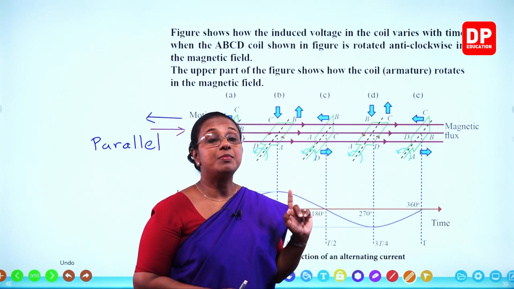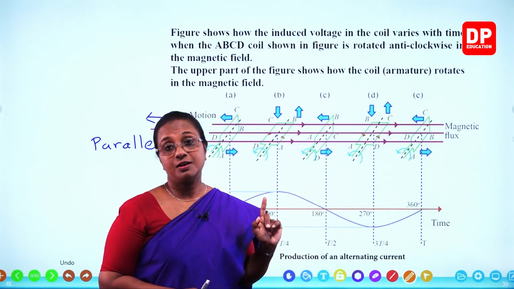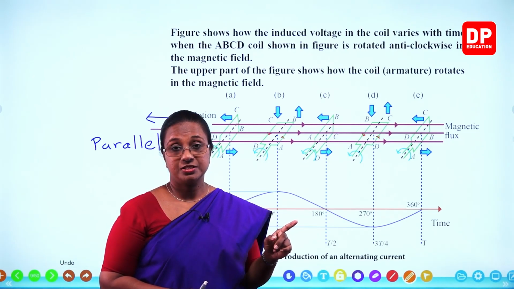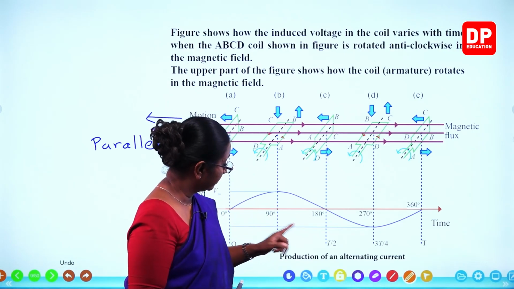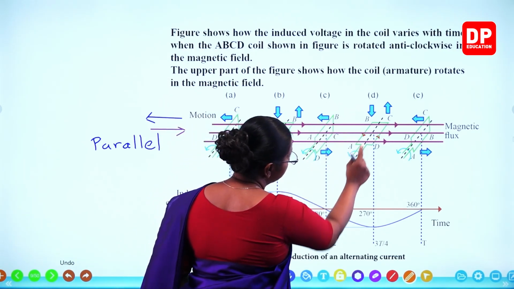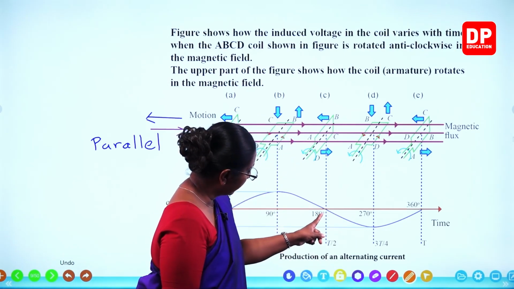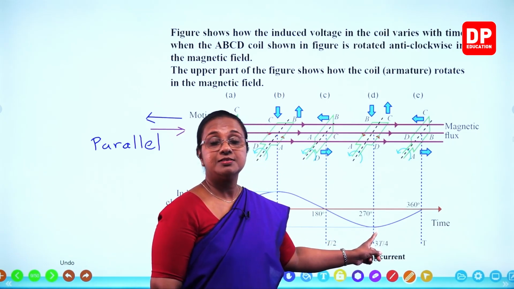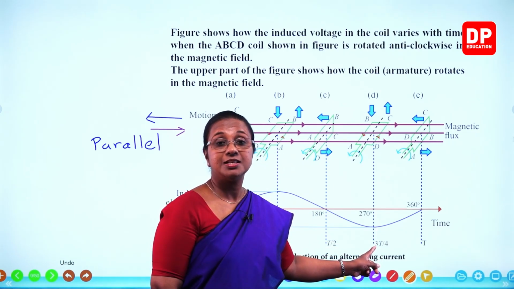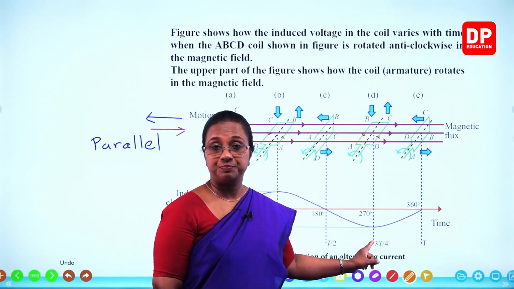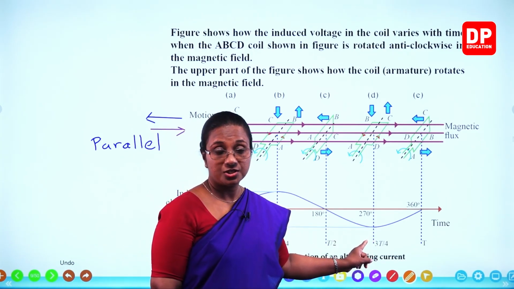So what has happened to the direction of the current flow? It has changed. So here you can see when the coil goes from position C to position D, from 0, the electromotive force increases in the opposite direction. So it is minus Vm, minus potential.